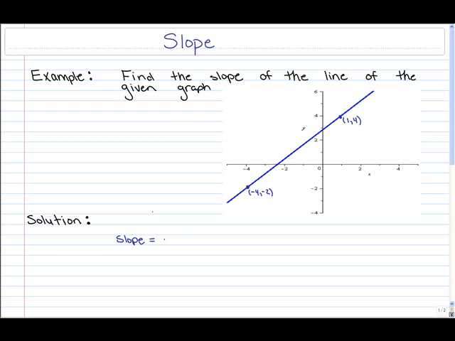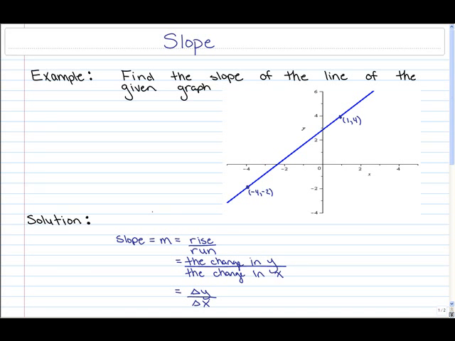So the slope of the line, sometimes called m, containing 2 points, is just basically rise over run, where rise is the change in the y and run is the change in x. Now the change in y is sometimes denoted by delta y, and the change in x is sometimes denoted by delta x.